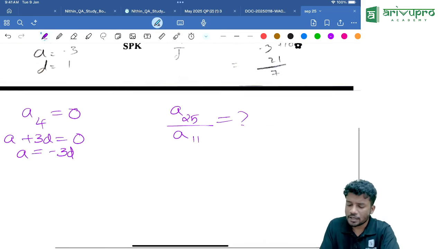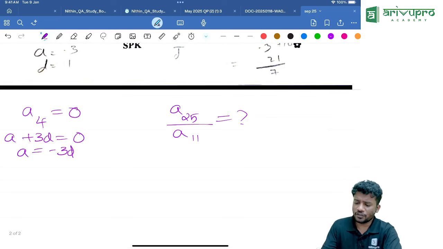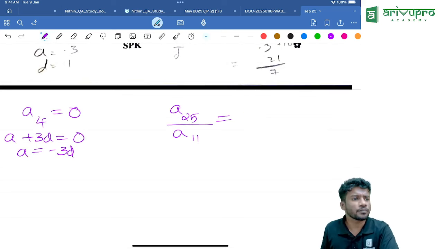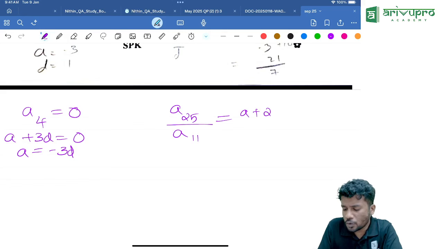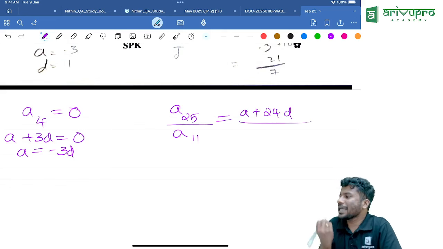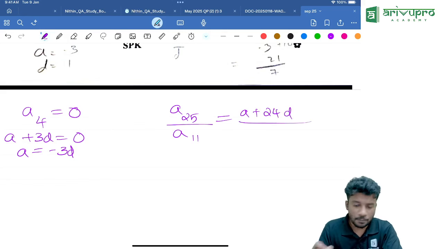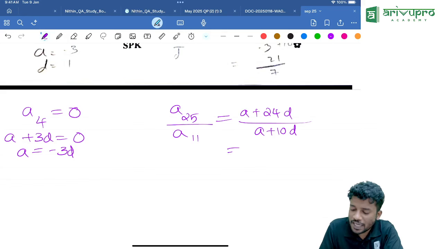Let it be there. When I say A25, what will you say back? A plus 24D. When I say A11, A plus 10D. Now, instead of A, put minus 3D.